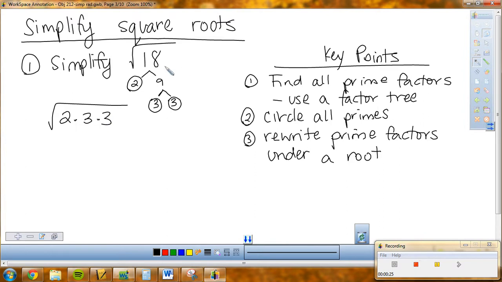So it's the same thing as saying square root of 18. This is combined and this is broken down. It's easy for us to see once we break it down. Step 4, I want to connect pairs of numbers with a line.